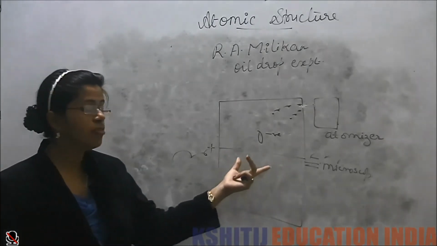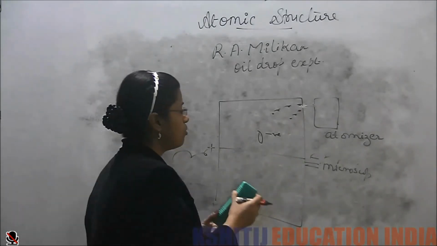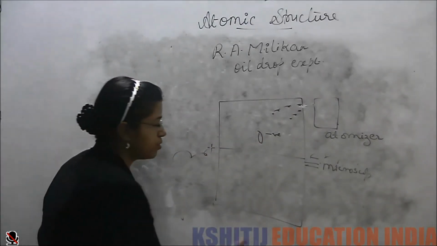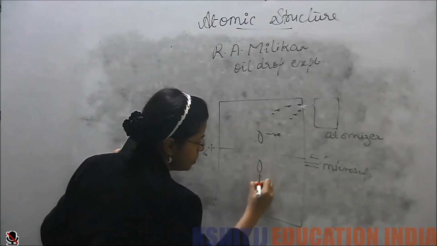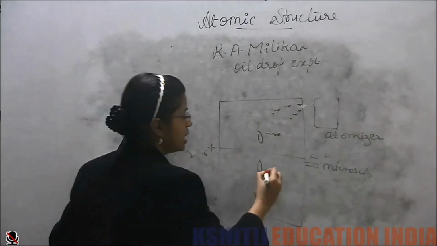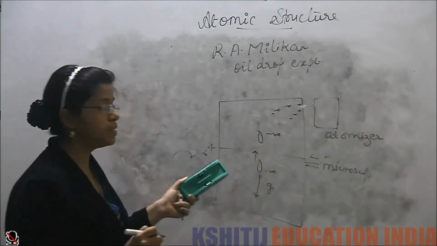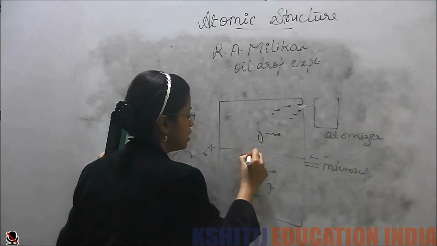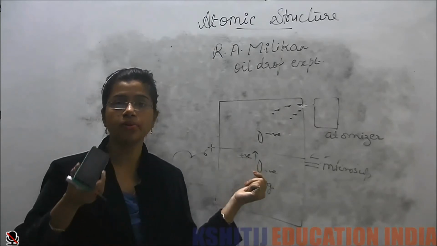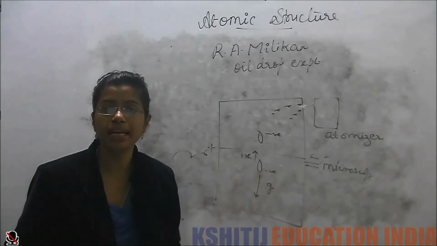We would adjust the voltage in the plates such that the droplet, under the influence of the force of gravity, would be attracted downwards, and since it is carrying negative charge, it would also be attracted upwards towards the positive plate. This droplet was suspended between them.